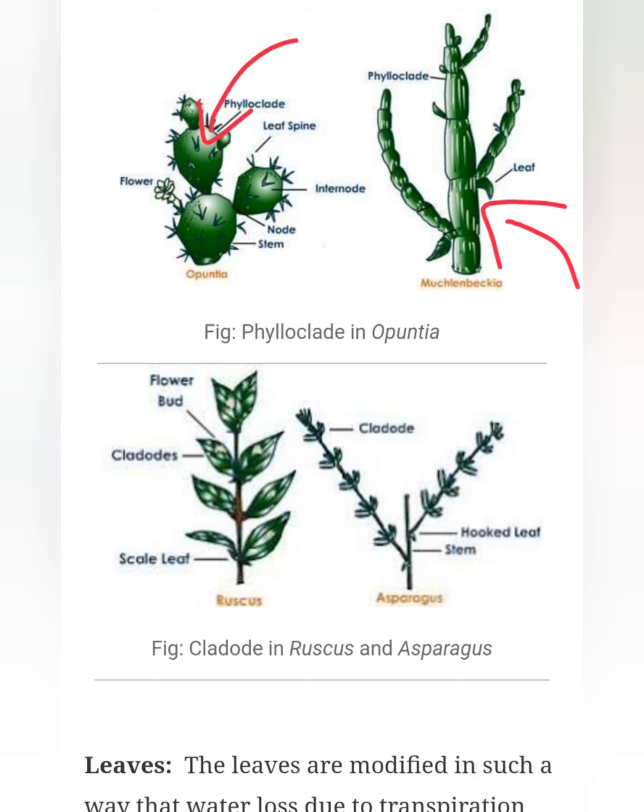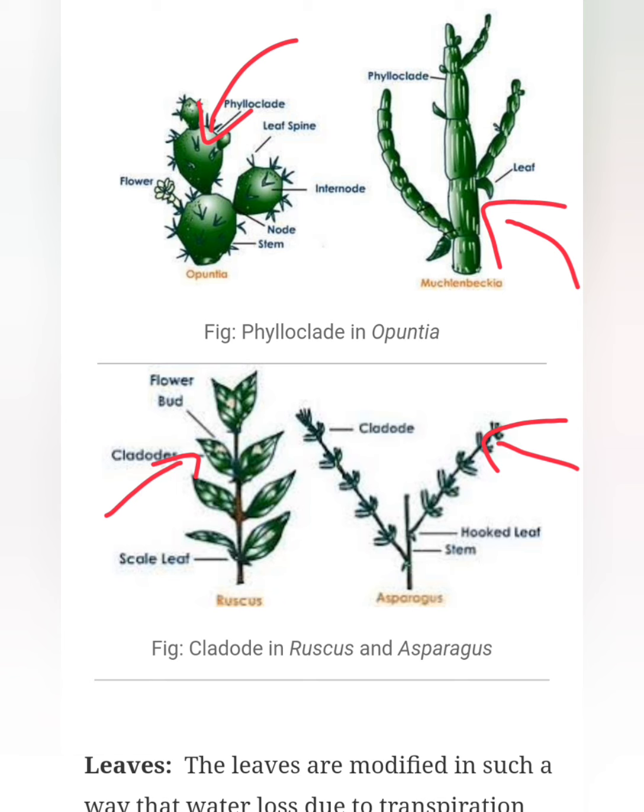So in true xerophytes, the leaf or the stem, as I mentioned, is modified into spines or thorns to reduce surface area. And these are referred to as the cladodes. You can see the reduction in stem surface area, and the stem also performs photosynthesis.